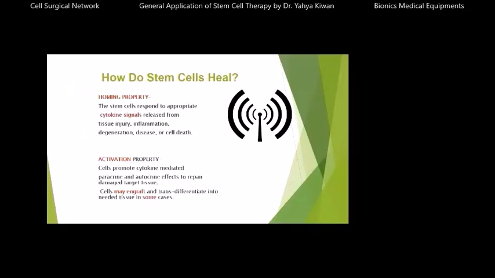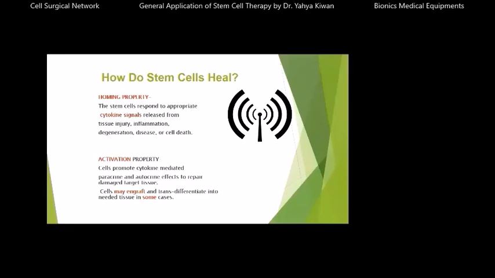Okay, how does a stem cell work? The first property is homing. Homing means the stem cell responds to appropriate cytokine signals released from a tissue injury, inflammation, degeneration, disease, or any cell death.